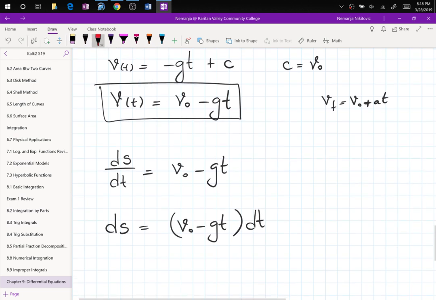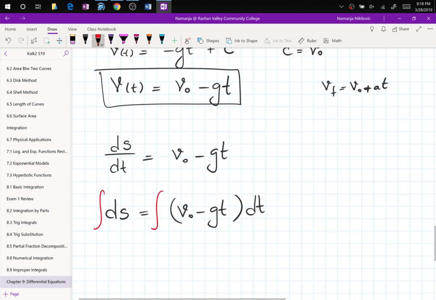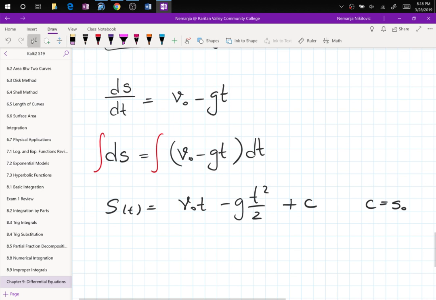When you integrate, what do we get? On the left-hand side, you get your s of t. On the right-hand side, you get your v0t minus gt squared over 2 plus some constant c. Constant c I'm going to call initial position s0.